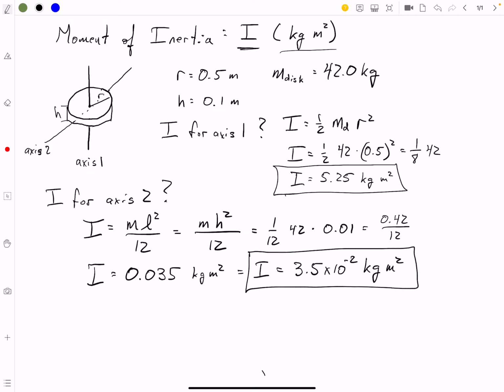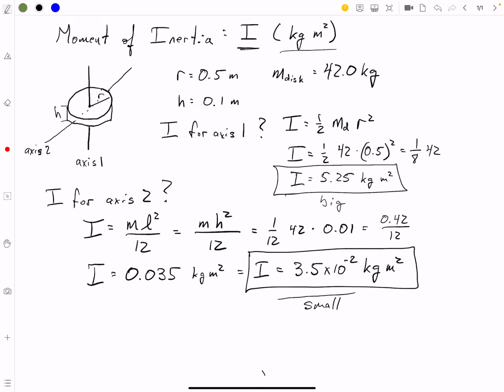Okay, now let's compare numbers. Which one of these makes the inertia larger? Which one has the larger inertia? The moment of inertia for axis 2 is quite small, compared to this one up here, that's bigger, right? We've got 5.25. Just a little sliver of that is bigger than this small one.